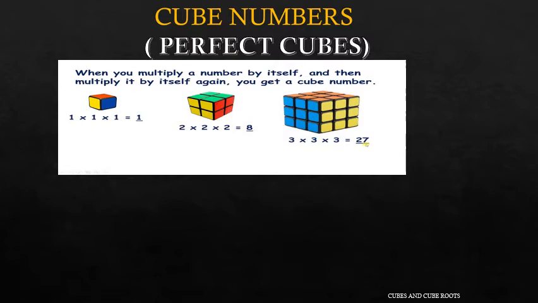We see the volume of the cube of 2 unit length is 2 into 2 into 2, which is equal to 8. Now, in the third case, we can see the cube has dimension 3. So, its volume is given as 3 into 3 into 3, which gets us the answer 27.